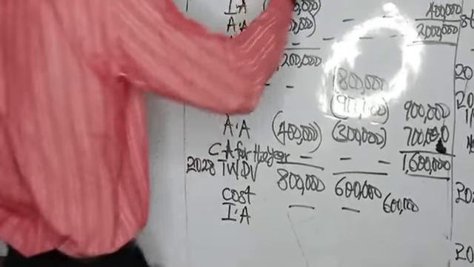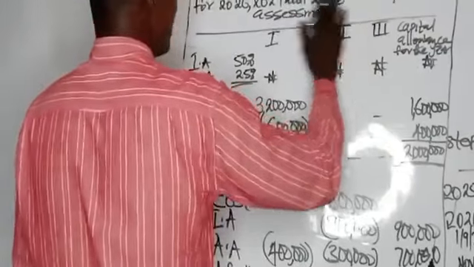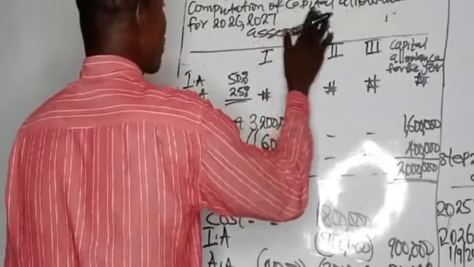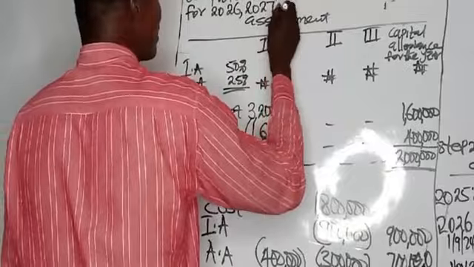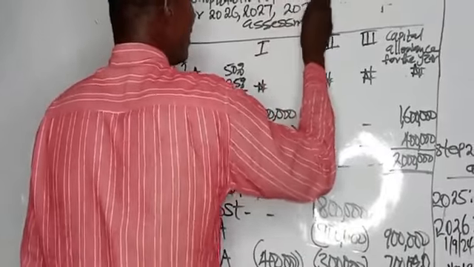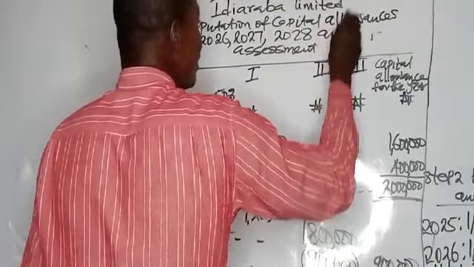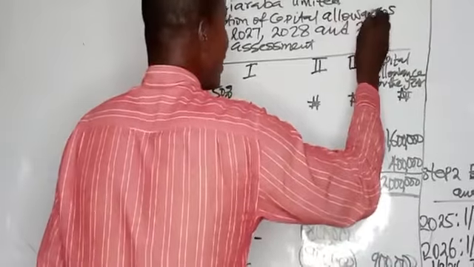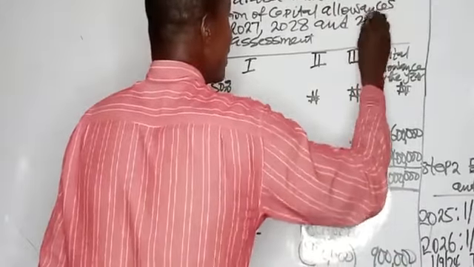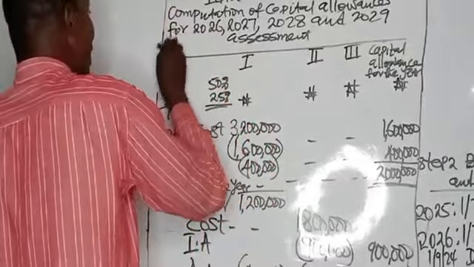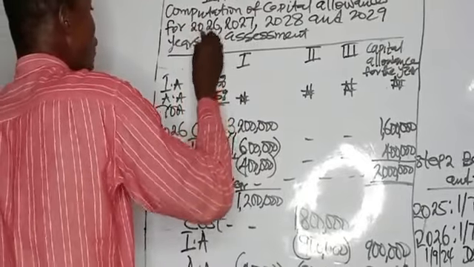So our year of assessment we extend to 2029, 2026, 2027, 2028, and 2029 years of assessment.